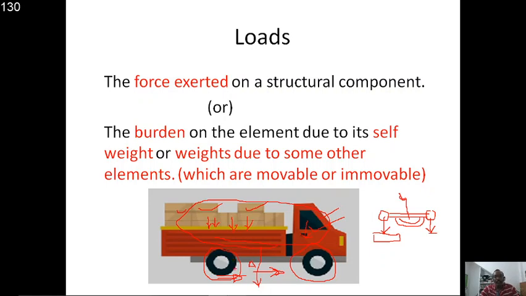The vibration loads should also be transferred to the roads or the earth surface. So all these forms of forces are known as the burden on the element due to its self weight or due to other elements which are movable or immovable.